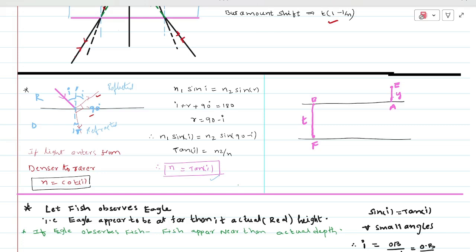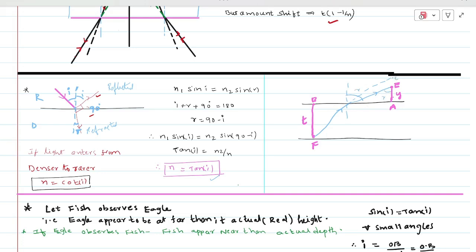Now the light ray is traveling from the fish. Because of the refraction phenomenon, the light is bent to the eagle like this, away from the normal. So this is the angle of refraction, and this is also the angle of refraction.